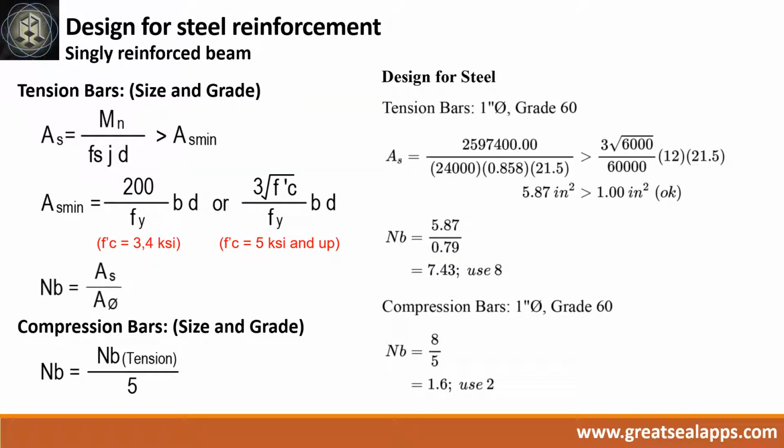Given M equals 2,597,400, Fs equals 24,000, J equals 0.858, and D equals 21.5, the area of steel is 5.87 square inches. The number of tension bars for 1-inch diameter is 8, and the number of compression bars is 2.